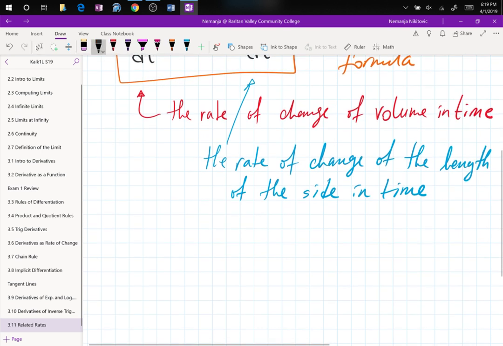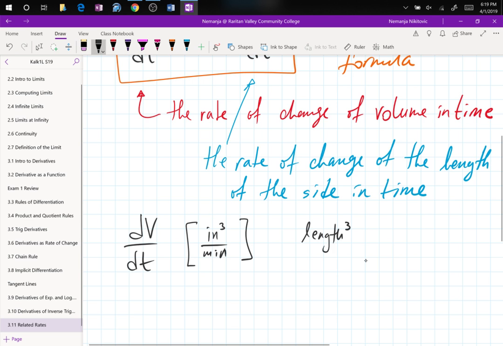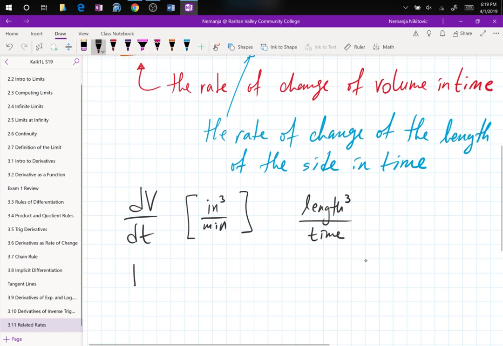So thinking about this, dV/dt would be in, let's say, inches cubed per minute. So it's some kind of length cubed per unit of time. That's what it is. You have dA/dt.